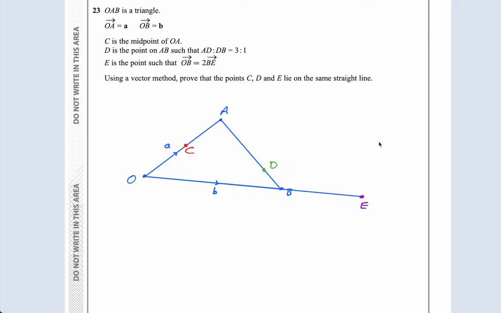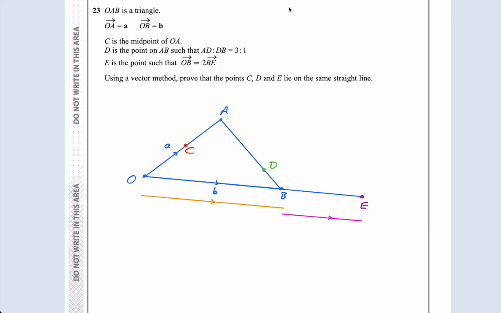This point here is E. Now, that's the first bit that I would say is tricky. You're like, how did you know it was there? Well, because it says OB, so O to B is 2BE. That means from here to here, this OB, is twice this BE.